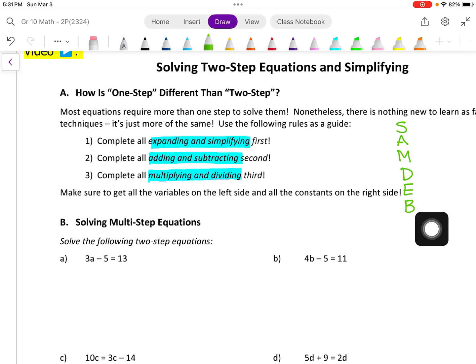So what you can see is that BEDMAS is backwards when we are solving. This is because we are undoing everything to figure out how much our variable is worth. We are starting from the answer and working backwards, which means we are doing BEDMAS in reverse order. So all addition and subtraction is undone first, then multiplication and division.